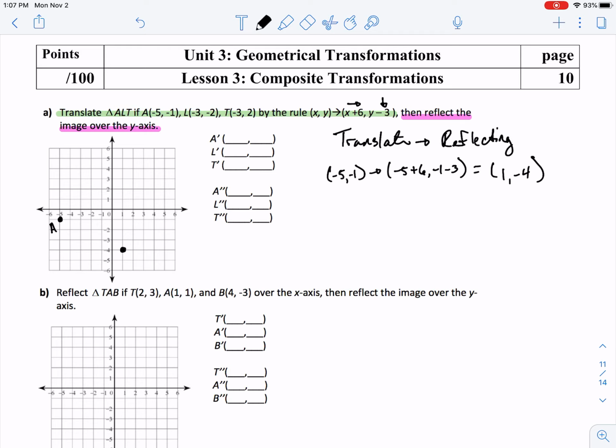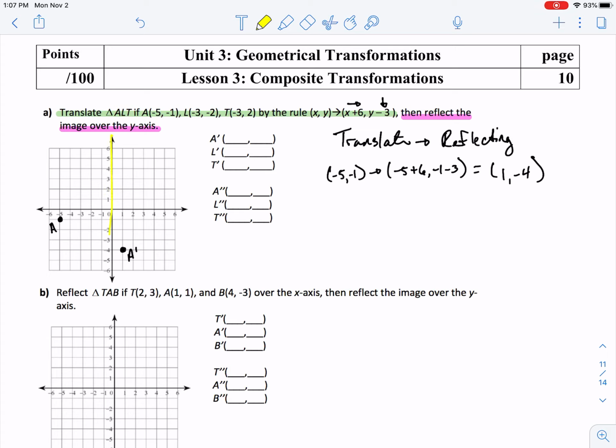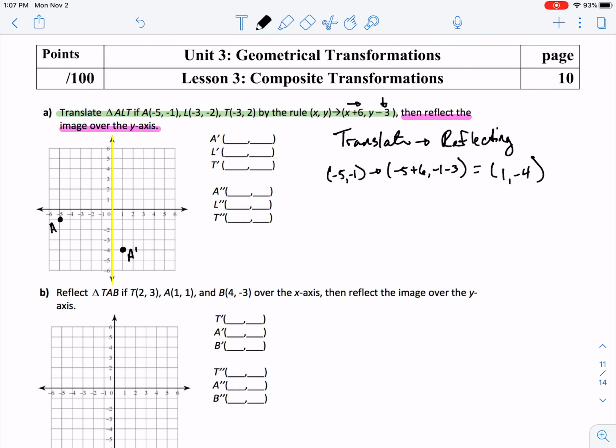Now after I do this, I reflect over the y-axis. So there's my y-axis. Now I just use the rule of reflections. If I'm 1 to the right, I need to go 1 to the left.